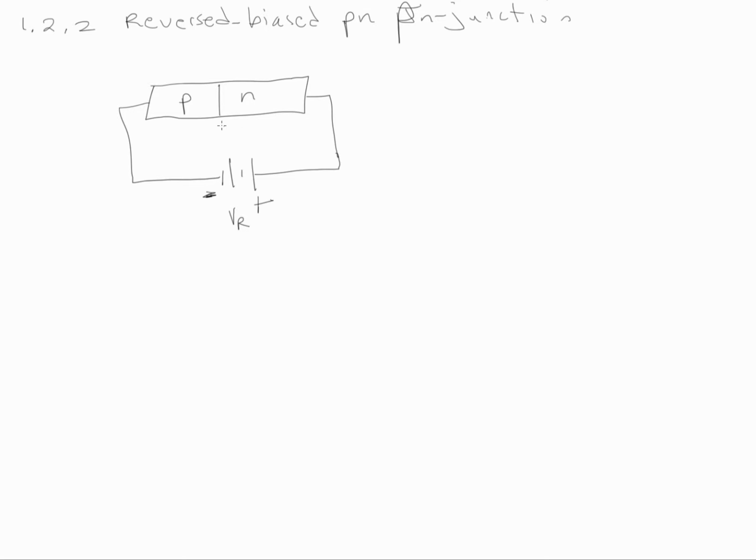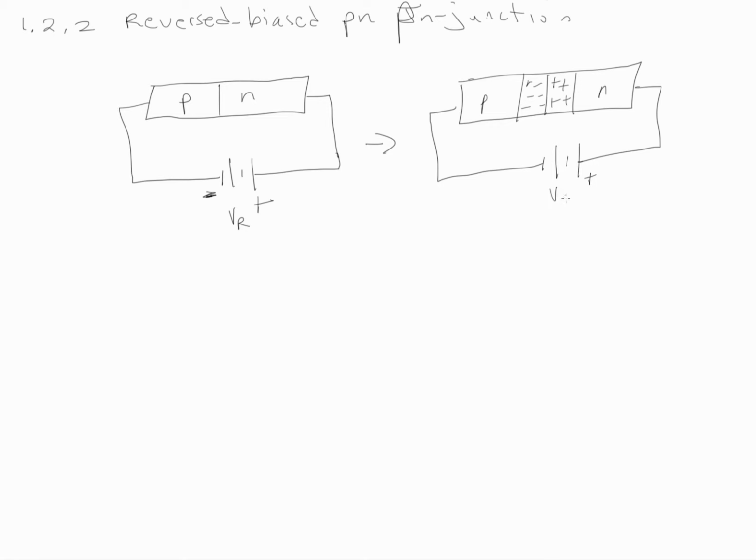We call the voltage supply VR, for reverse biased. If we draw this out, we have our metallurgical junction, our depletion region, and a built-in field because of the depletion region, but now we have an applied field from the external voltage supply, and they add to each other.